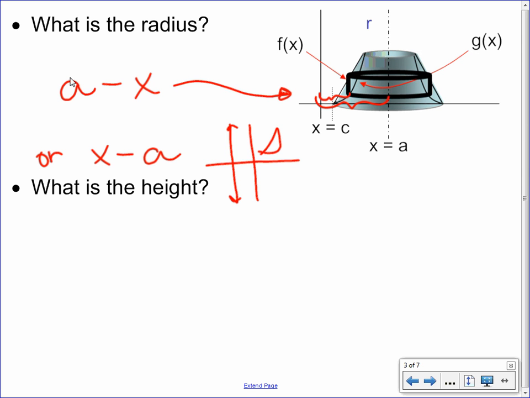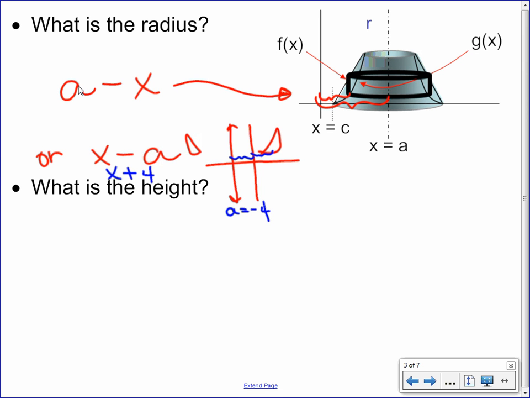So if we're rotating like this, okay, this distance is x, this distance is r. So then we're talking about a minus x minus a negative a, so you're actually going to be adding this, right? Like if this was negative 4, it would be x plus 4. You see that?